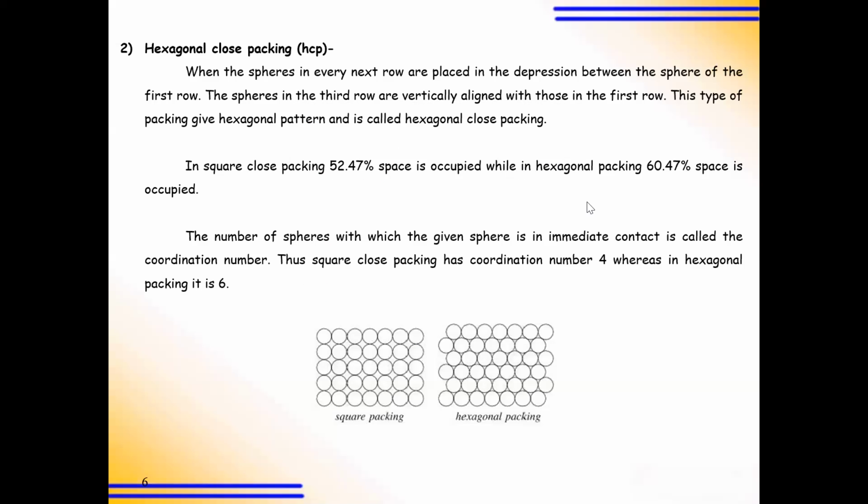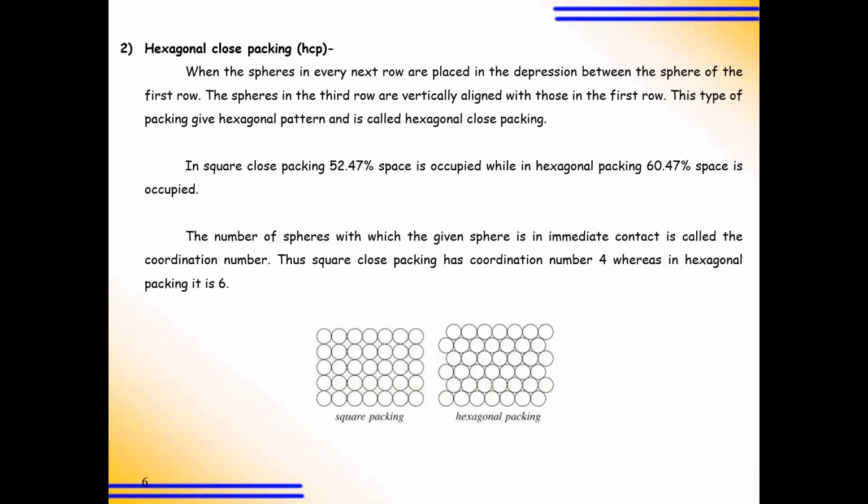Okay, so the next type is a hexagonal close packing. HCP, it is the short form of this.